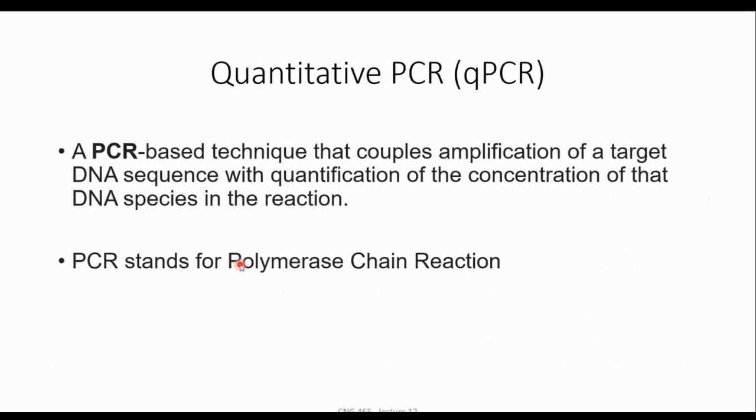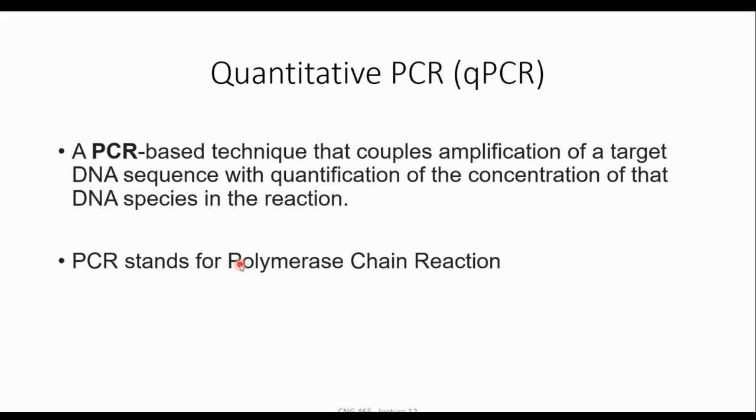Another method to find the level of mRNA is PCR. You heard a lot about PCR, especially after Corona, with PCR tests measuring the amount of a specific mRNA, for example, or protein in our body.